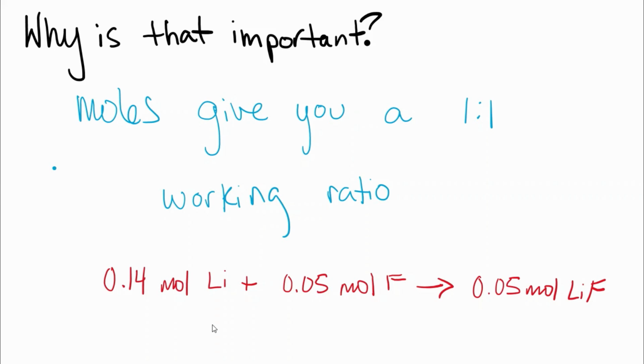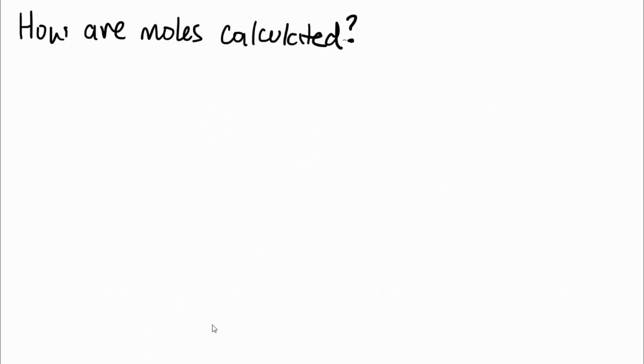However, if you were to say, I'm going to react 1 gram of lithium and 1 gram of fluorine, and that'll produce 1 gram of lithium fluoride, that's incorrect, because there weren't equal numbers of atoms of lithium and fluorine in those two quantities. So that's actually why moles are important.